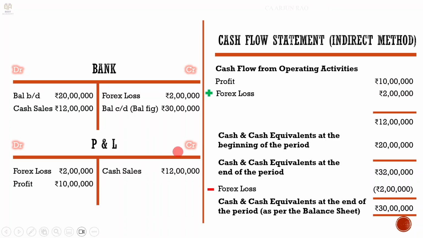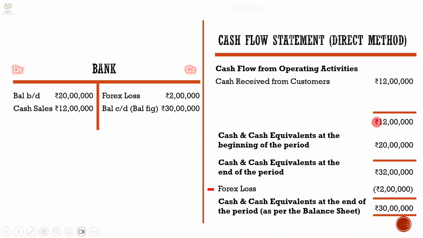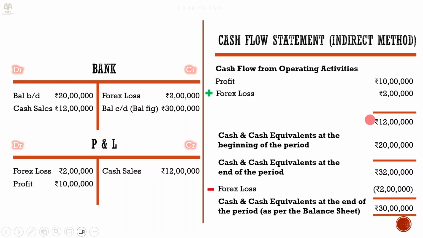Instead, we will get 10 lakhs. The rest of the items are the same. If you compare, in direct method all these values are the same: 12, 20, 32, minus 2 and 30. In indirect method also, from here everything is the same. The starting point, we start with profit, we add back the forex loss or deduct the forex gain. The rest are all the same as per the direct method.